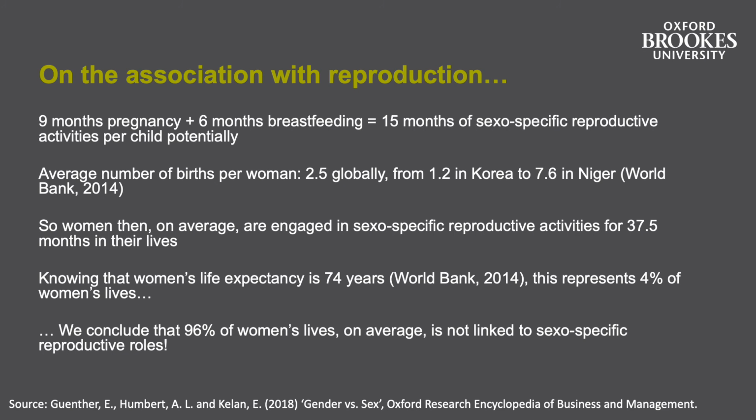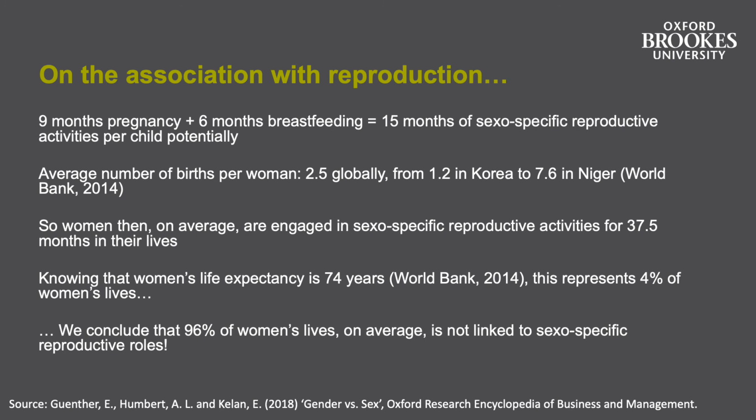Let's use statistics to challenge this association between sex and reproduction. Looking at reproductive activities and assuming that this consists of 9 months of pregnancy and 6 months of breastfeeding, we have a total of 15 months of sex-specific reproductive activities per child potentially. The average number of births per woman is 2.5 globally, ranging from 1.2 in Korea to 7.6 in Nigeria.